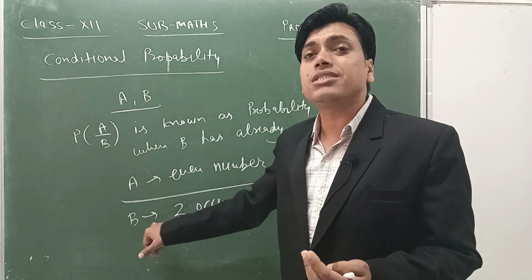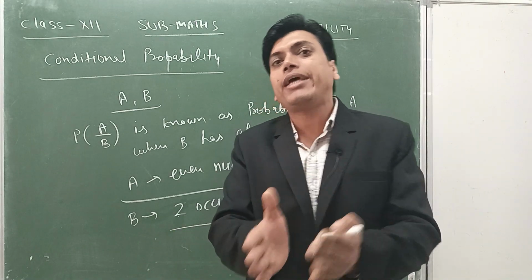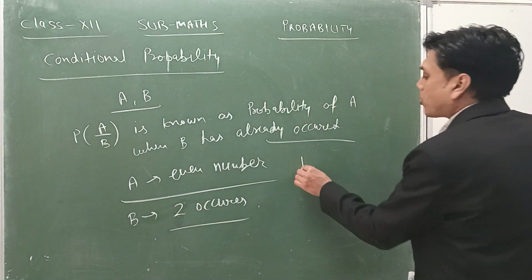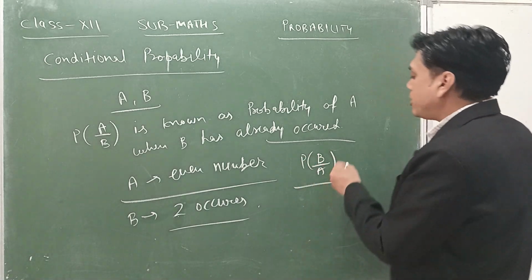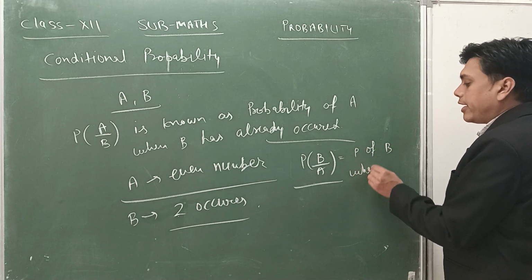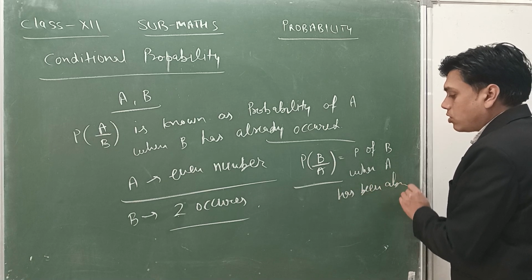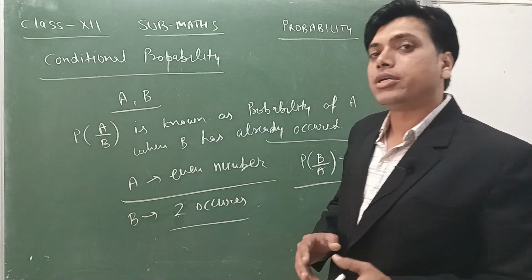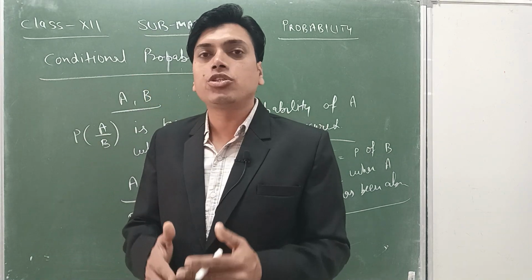If B depends on the situation that A has already occurred, what will be the probability of B? It means probability of B by A, which is the probability of B when A has already occurred. This type of probability is known as conditional probability.